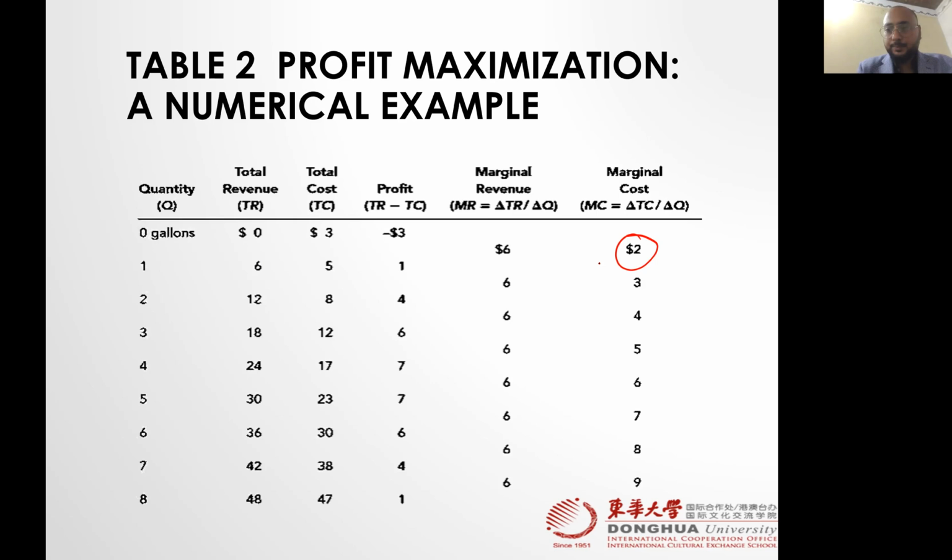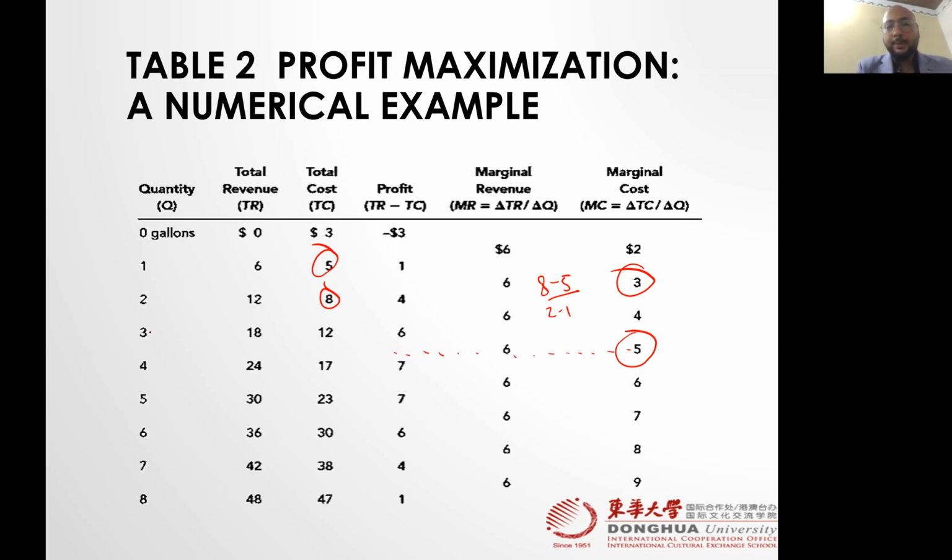Okay. Where do we get this 2? 2 is here. 5 minus 3 divided by 1 minus 0. Yes, 1 minus 0. And where do we get this 3? Wait a second, total cost. No, sorry, my bad. Where do we get this 3? Total cost. 8 minus 5 divided by 2 minus 1. Where do we get this 5?